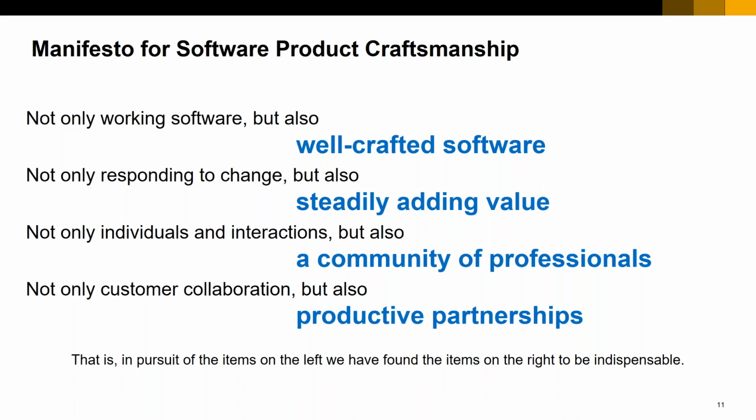So it is not only the internal interactions that we are seeing, but we are also thinking about how we build our community of professionals around us. If that fits your context, you could also think about it. Not only customer collaboration, but also productive partnerships.